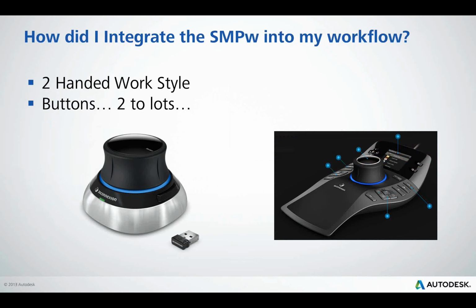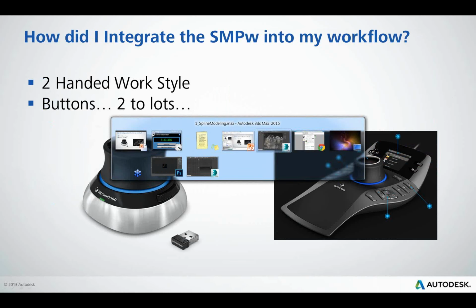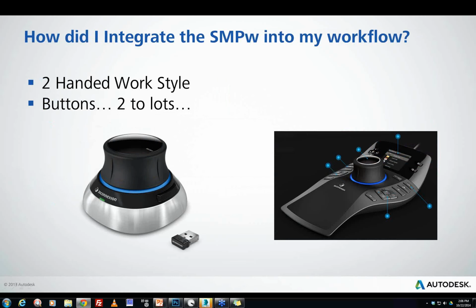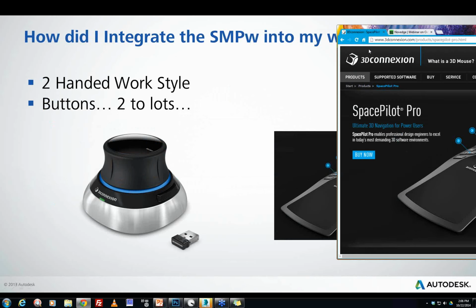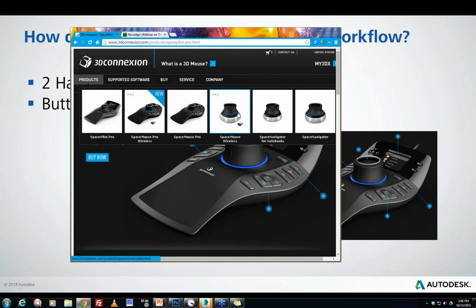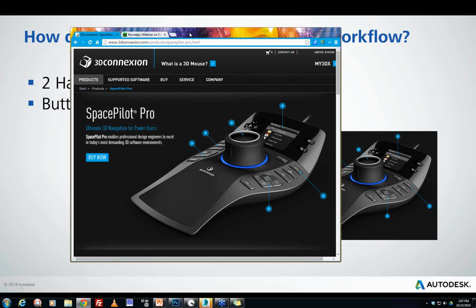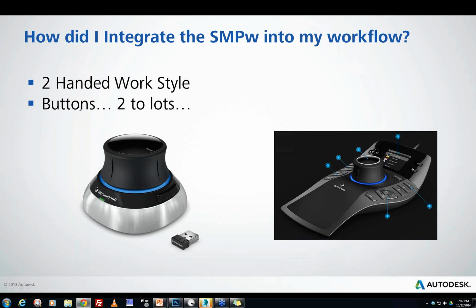So the other question I usually get is, well, I have the puck, but I don't really use it, and it's kind of the breadth of devices here. In fact, let me see if I can bring up my browser window real quick. Just to show you, they have the breadth of devices all the way down from pucks all the way up to really hardcore devices with the Space Pilot Pro. It really is about the buttons, right?